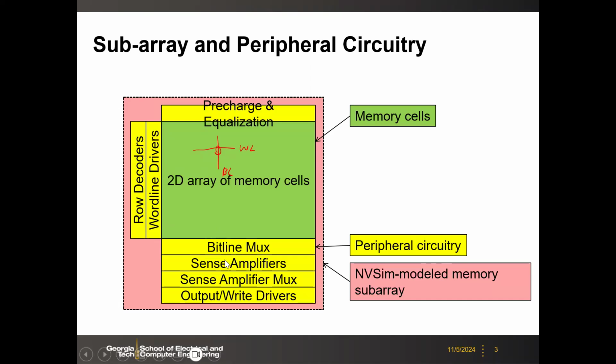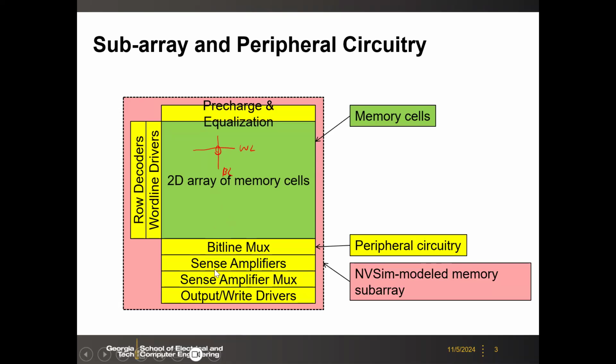Also on the bitline side, we may have the bitline muxes. If you do not read out every column at the same time, you can share the sense amplifier with multiple columns, so you need the muxes to select which column you want to read out. Then the signal will go to the sense amplifier, and we'll talk about that in more detail later.